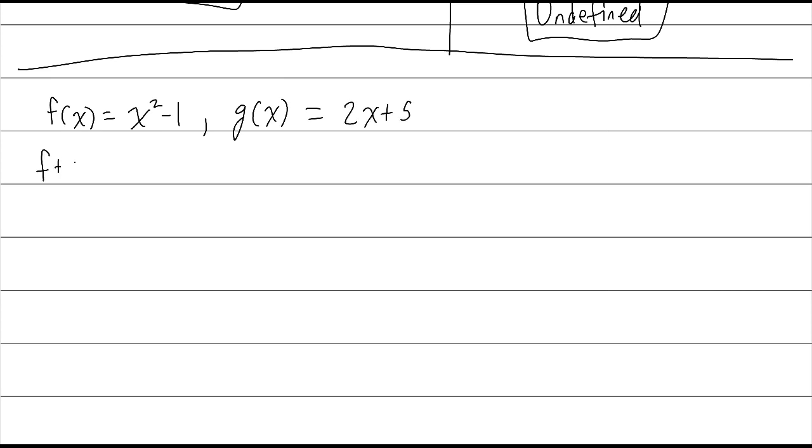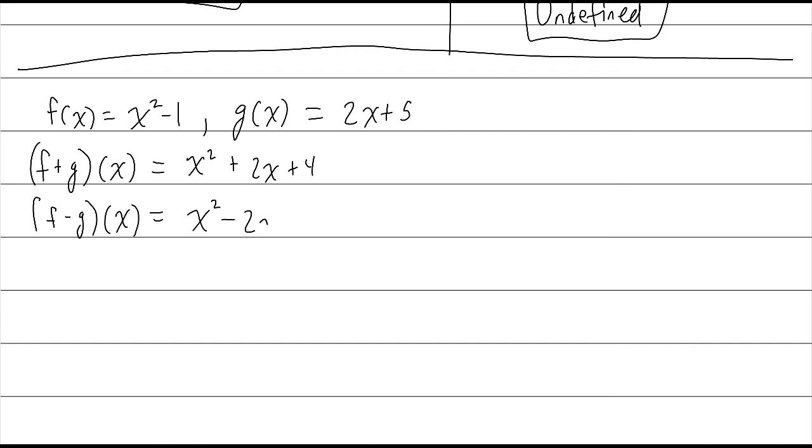F plus g of x is x squared plus 2x plus 4. F minus g of x is x squared minus 2x minus 6.